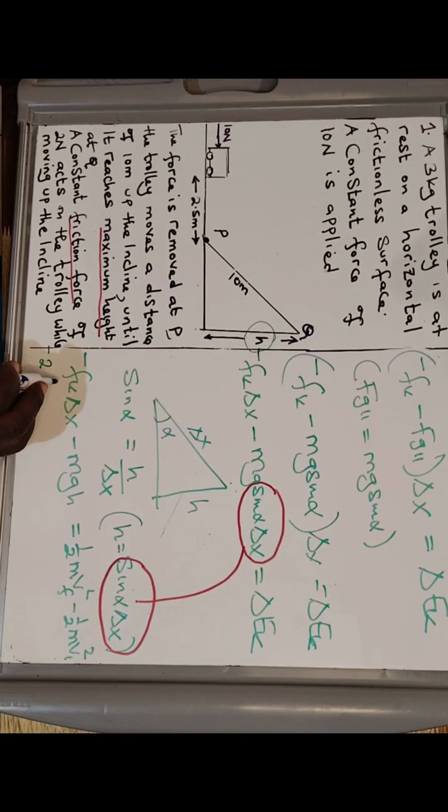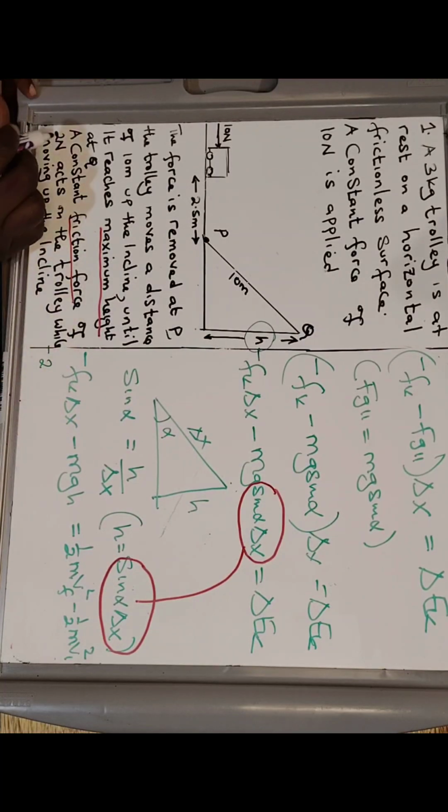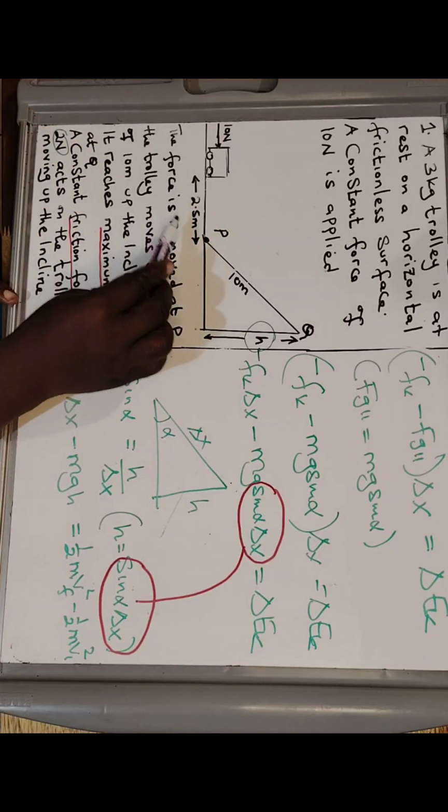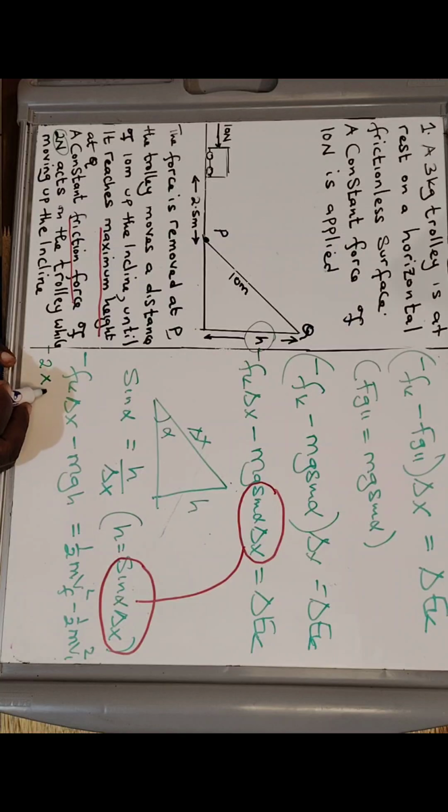Yeah, for substitution, this is what we have. We know that the kinetic friction force is 2. We know that the displacement covered on the incline is 10. And we know that the mass of the body is 3 times 9.8 times h.